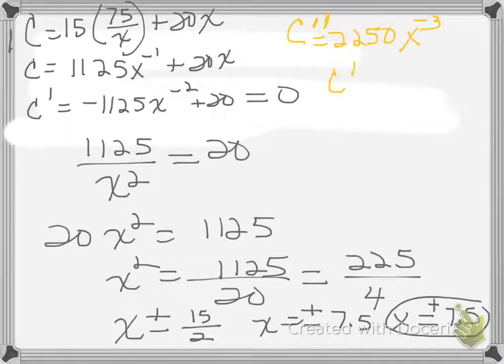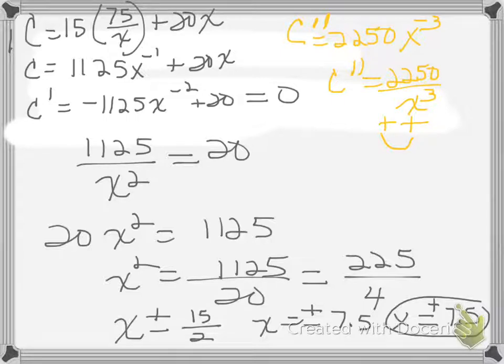So c prime prime equals 2250 over x cubed. That's going to always be positive because my x value has to be positive. So therefore I have discovered that the x value I've solved for does indeed give me a minimum cost.